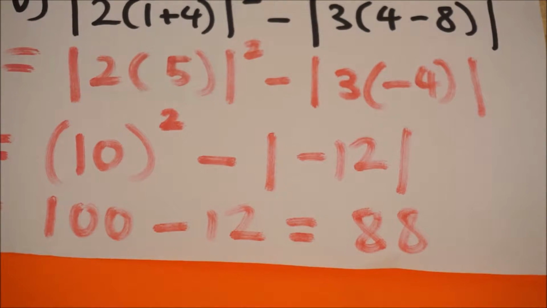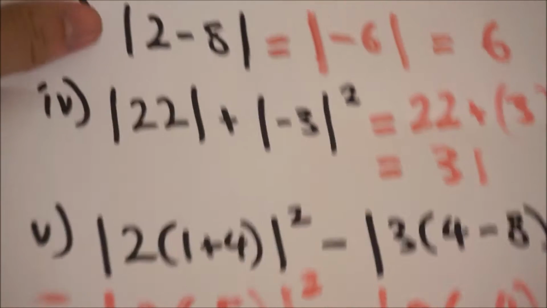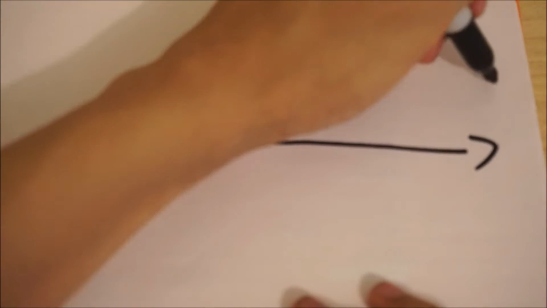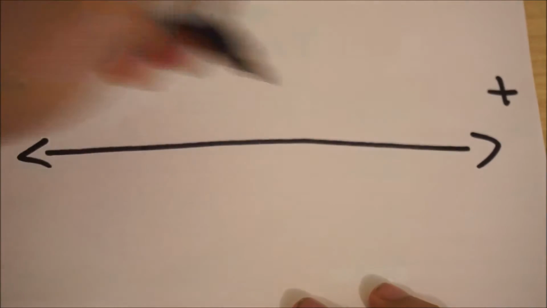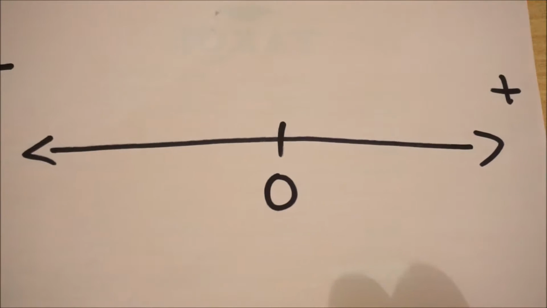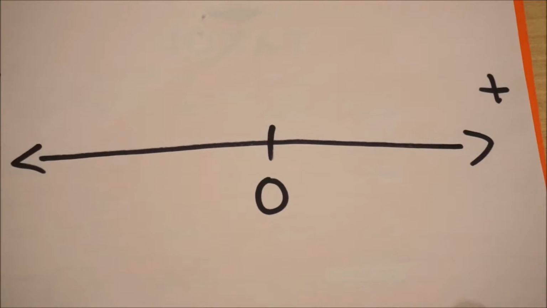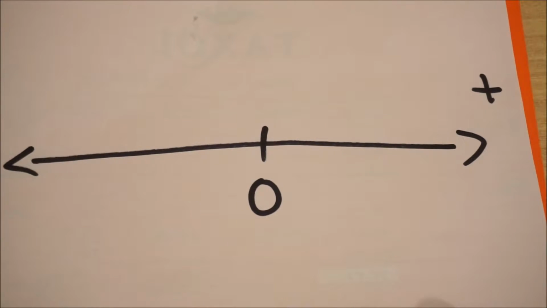But how does this actually work? One way to think of taking the absolute value is that it's similar to looking at a number line. This is the positive side, this is the negative side, this is 0. What we're actually looking at is how far away a number is from 0.